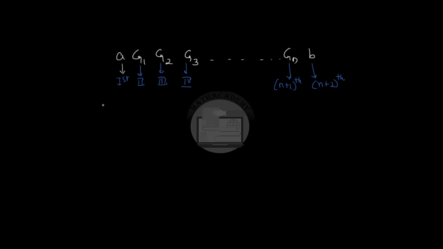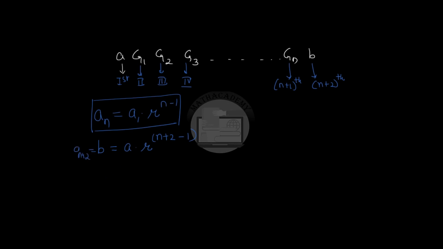We know that for a geometric sequence, the general term is given by the first term multiplied by the common ratio to the power n minus 1, one less than the position of the term. Similarly, b can be written as a1, the first term, which in this case is a, times common ratio r to the power n plus 2 minus 1, because b is nothing but a of n plus 2, the n plus 2th term.